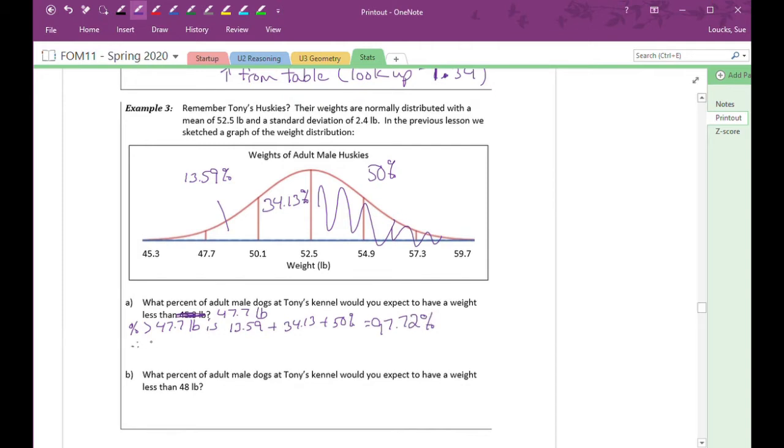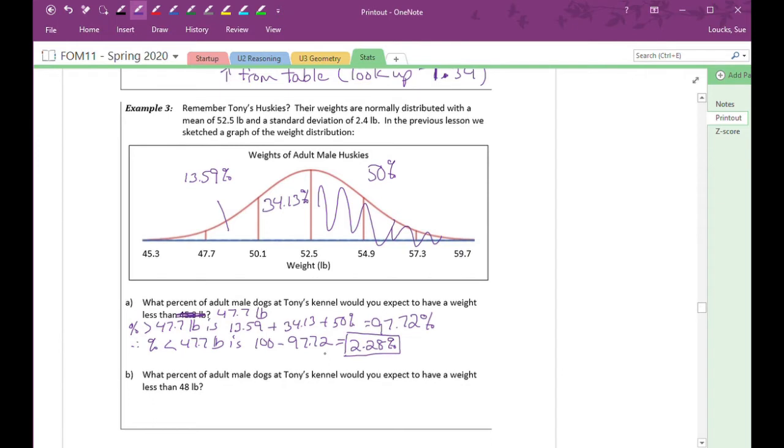Therefore, the percent less than 47.7 pounds is 100 minus 97.72, which equals 2.28%. Okay, so there's our answer doing it the way we knew before.